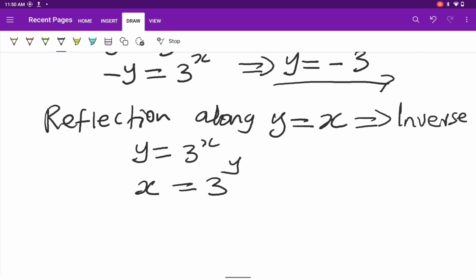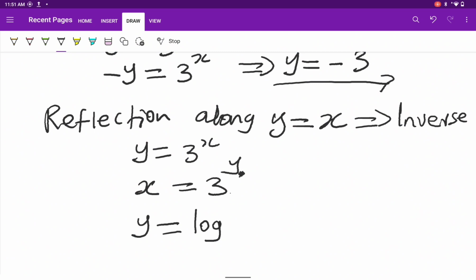All right, so now in this case we are introduced to a new thing. We want to get rid of this y here. We want to make it the subject of the formula. So now this exponent here is actually a logarithm, so we will simply say y is a log. We will talk more about this in the next module, but for the purpose of this one, the y is a log.